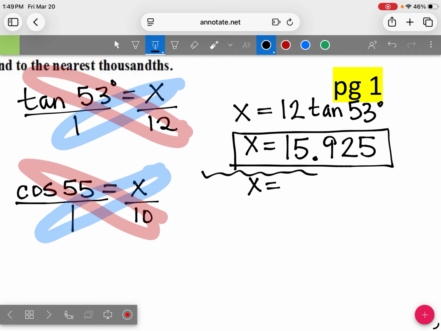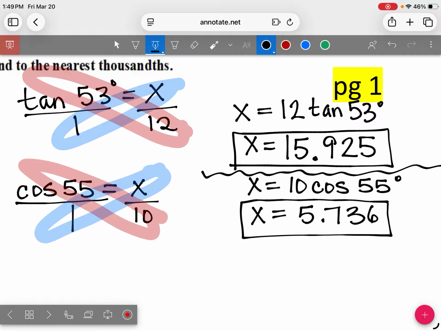All right, so I got 5.73. Is that going to be a 6 or is it a 5? 6. That is my answer. All right, let's look at number 3.